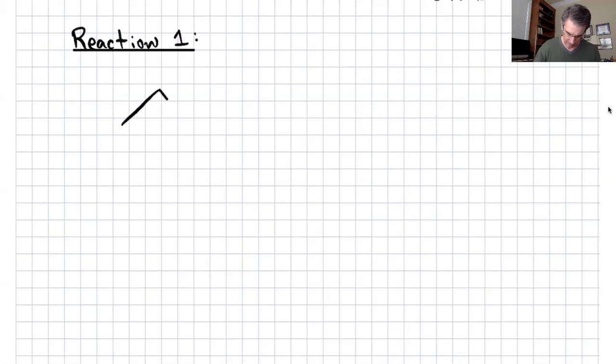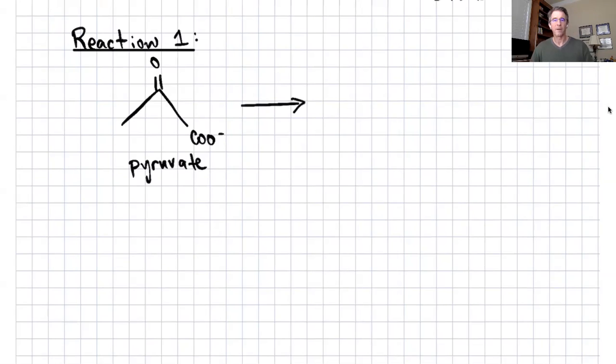So again, we're going to take pyruvate, right? And what we're going to do is drive a decarboxylation reaction. We're going to take pyruvate and we're going to drive off that CO2 group here, right?